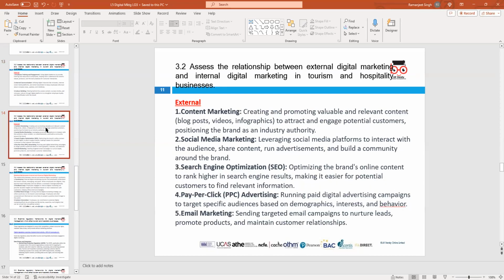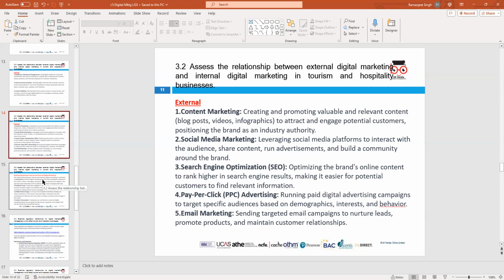Okay, so you can choose that relationship between internal and external, email marketing and campaigns to lead, promote businesses and so on. So when we are looking at external marketing, we are talking about the internet, search engine optimization, email marketing, content, pay-per-click, and other marketing techniques.